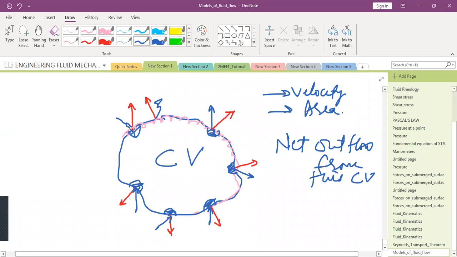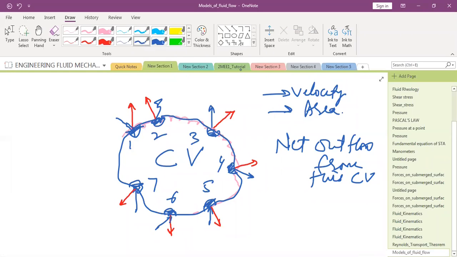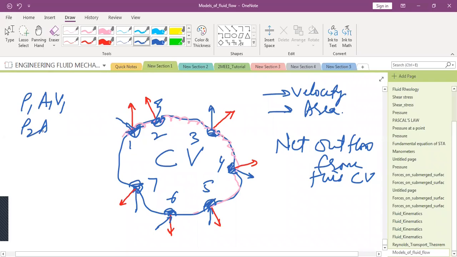If these were discrete, if this was 1, 2, 3, 4, 5, 6, 7, then you will take the net inlet and the net outlet. You will simply say rho 1 A1 V1 is entering the system, then rho 2 A2 V2 is entering the system.